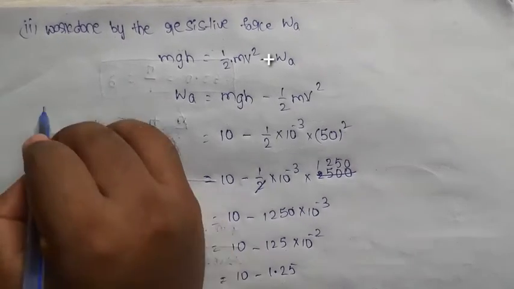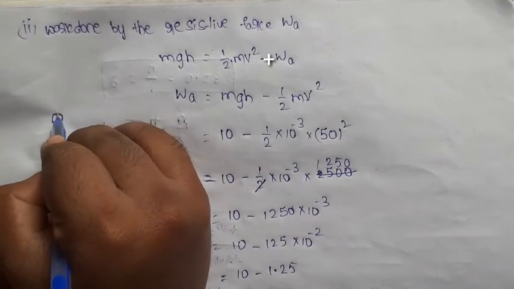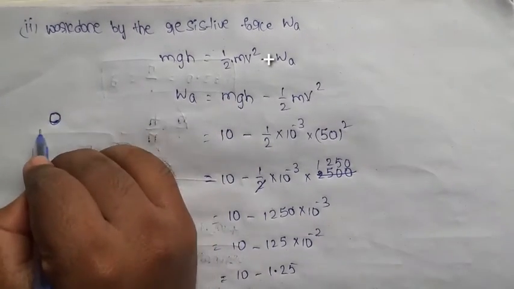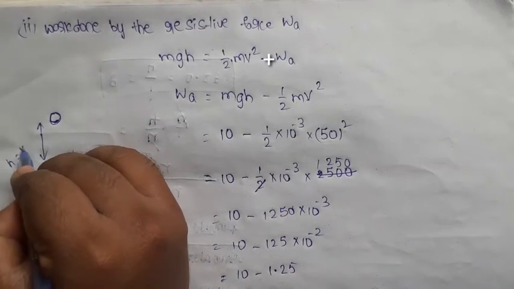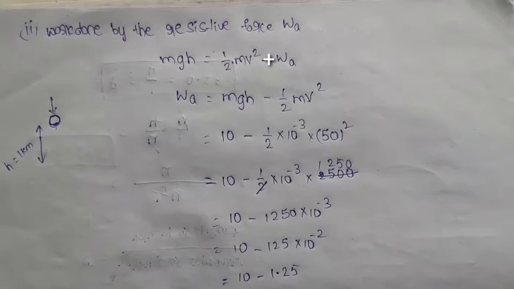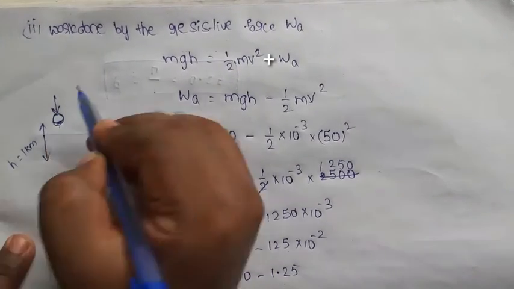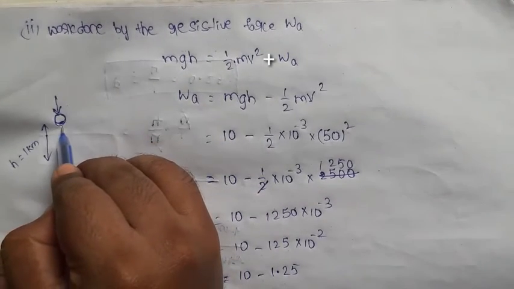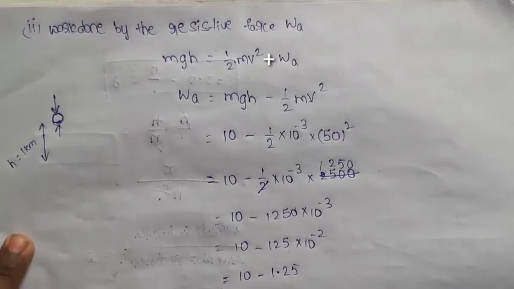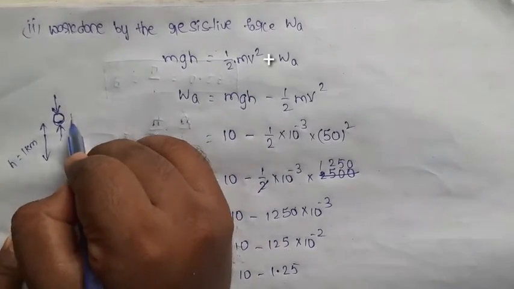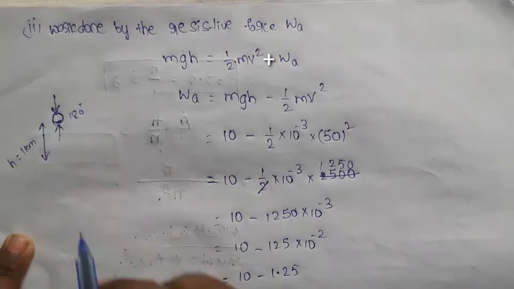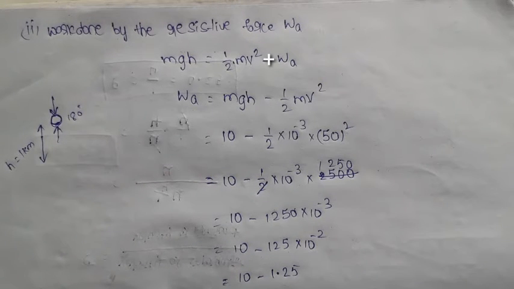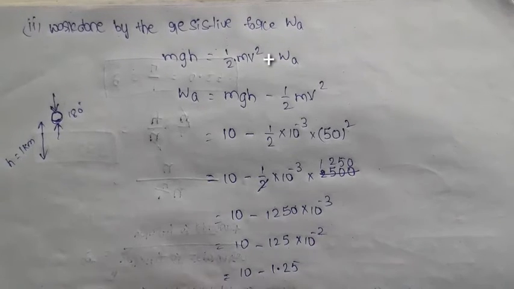8.75 joule. Here this is the water drop, it is falling from a height of 1 kilometer. Force acting on the water drop this direction, air resistive force acting this direction, both are at 180 degrees. So when the two forces are acting in opposite direction, their work done should be negative.